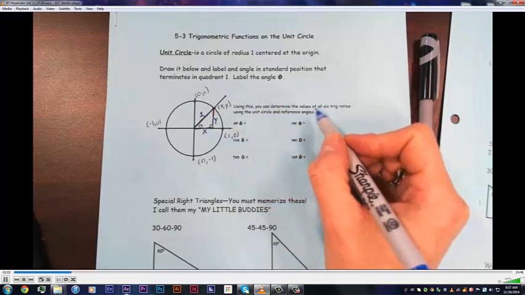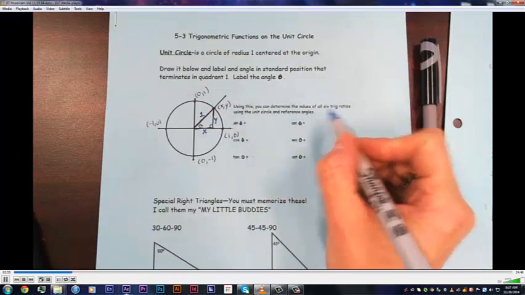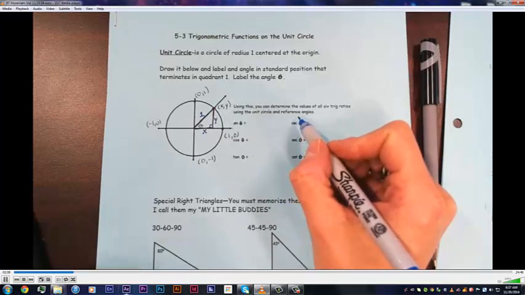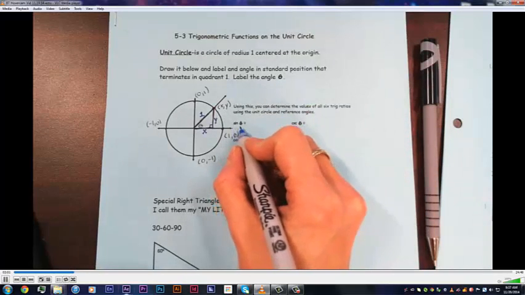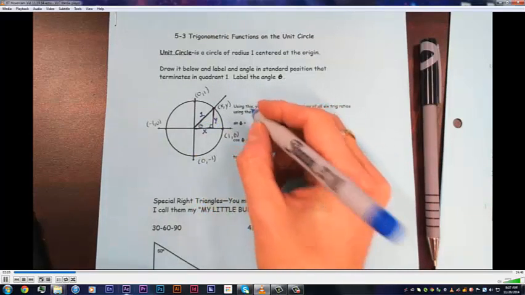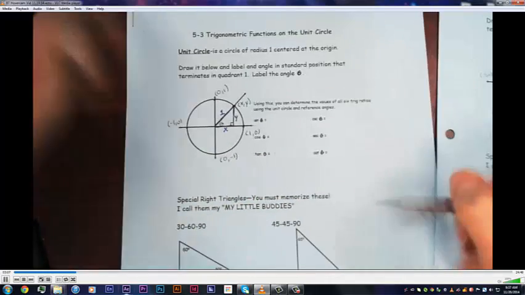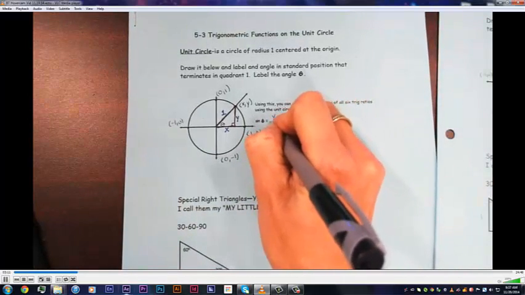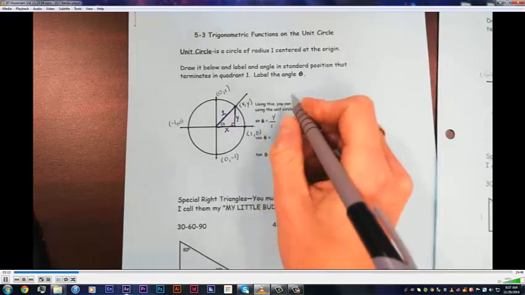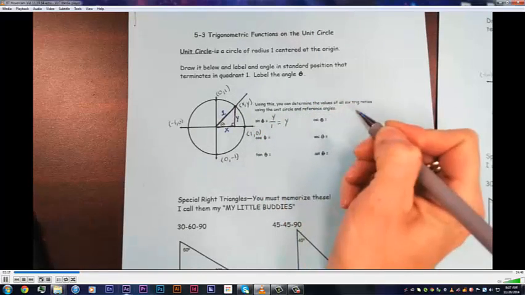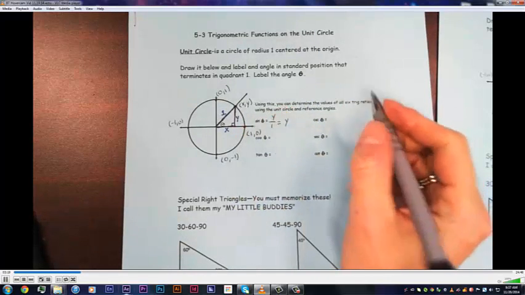Using this, you can determine all the values of the 6 trig ratios using the unit circle and some reference angles. So sine of theta, sine is opposite over hypotenuse, so opposite is going to be y over 1. Or if I simplify that ratio, because we always simplify fractions, sine of theta is the y coordinate on the unit circle.